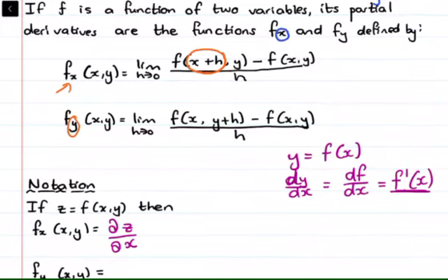And remember that z is equal to f of x y, which means that you can write this as partial f over partial x. So you are finding the derivative of f with respect to x, but you are emphasizing that f is a function of several variables and you are finding the derivative with respect to x alone.